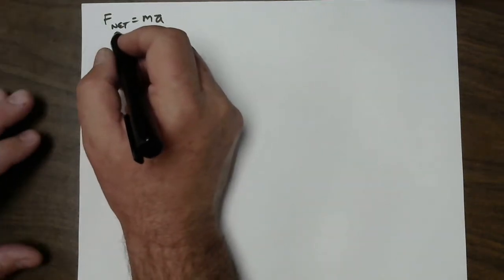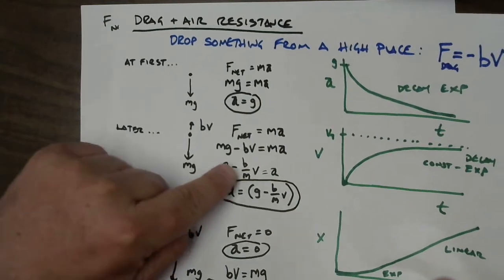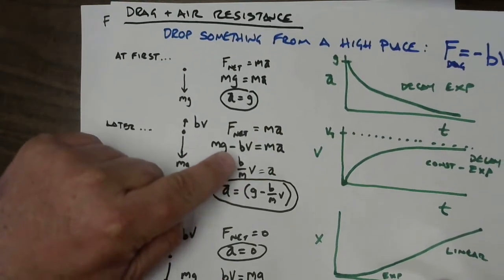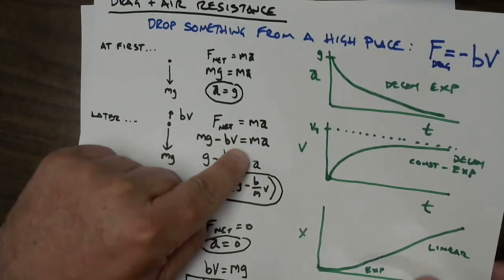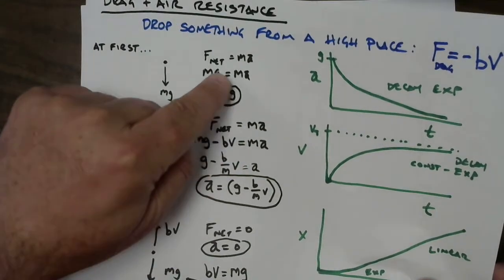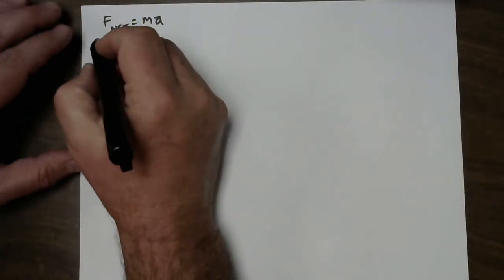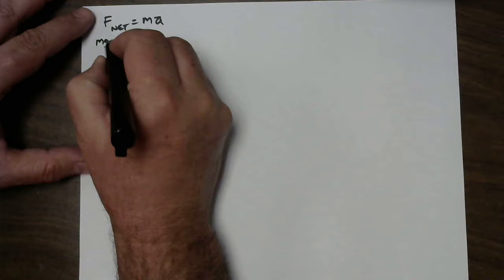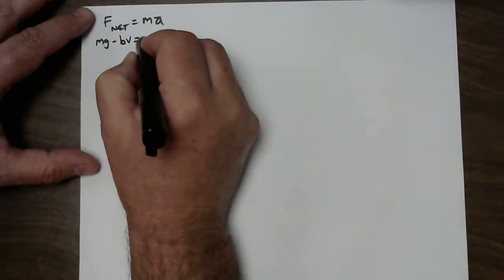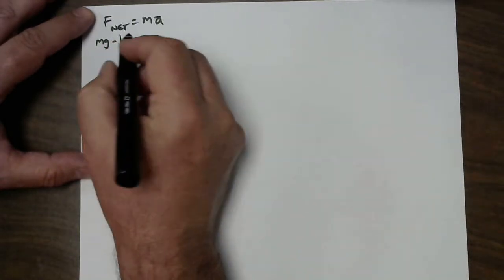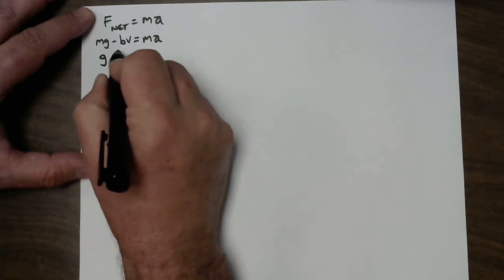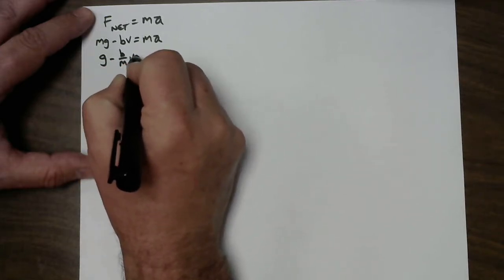In this case, we can look towards what's going on in the middle of the thing to get our F net, because this is in general what F net is, right? It reverts to this when V is 0, and it reverts to this when those two are equal. So we can put in here that mg minus bv equals ma. And once again, let's divide through by m: g minus (b/m)v equals a.